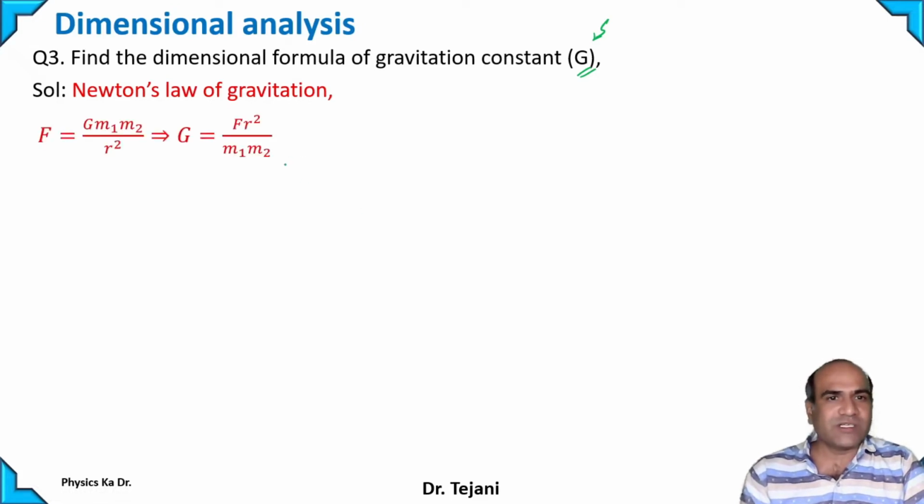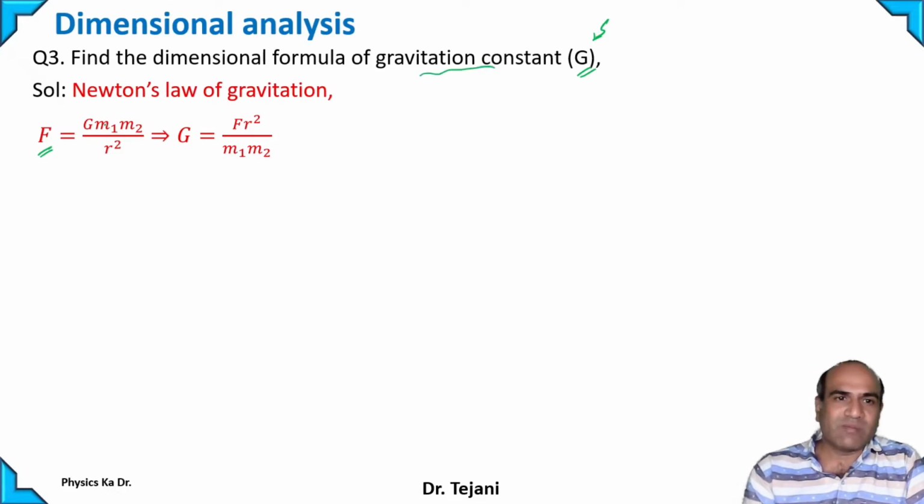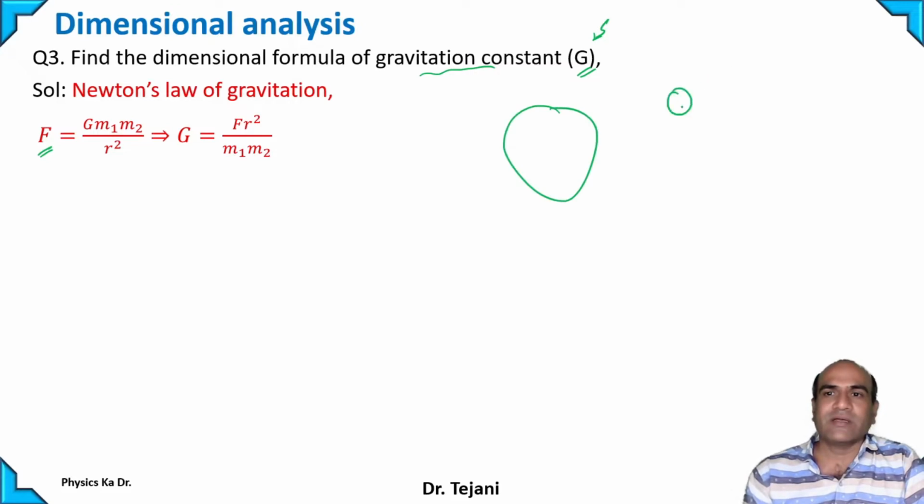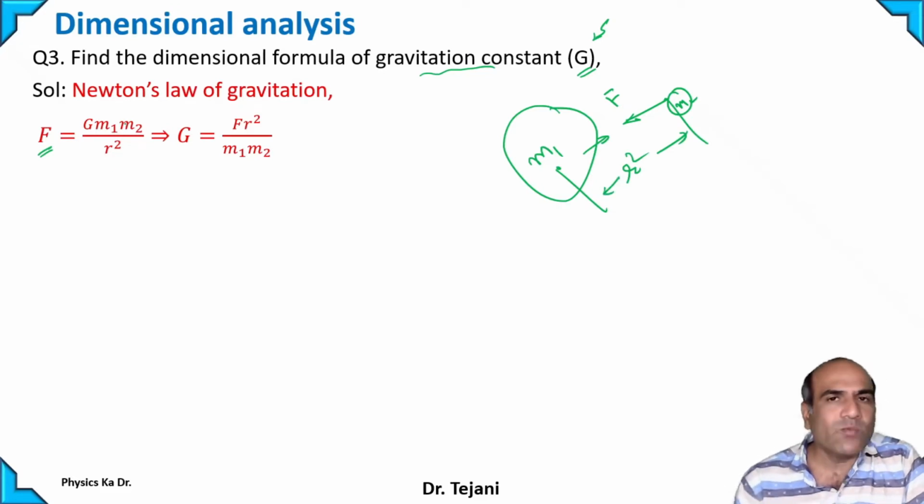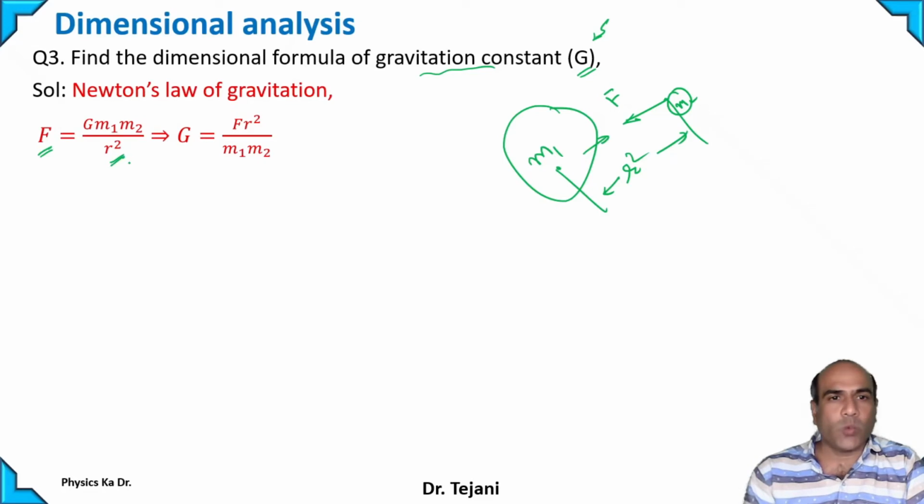Newton's law of gravitation says that the attraction between two masses is given by capital G, the gravitational constant, multiplied by the mass of the first one, say for example earth, and our body, that is mass 1 and mass 2, and the attraction between these two becomes F, which is directly proportional to mass and inversely proportional to distance squared. So F is equal to G m1 m2 divided by r squared.